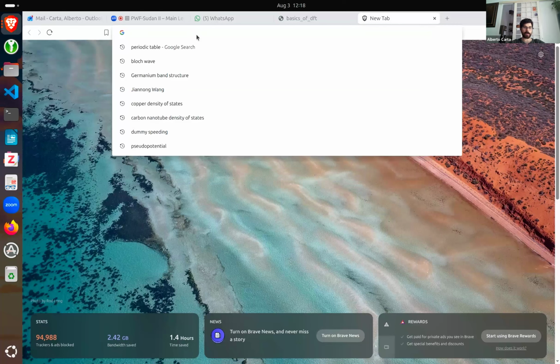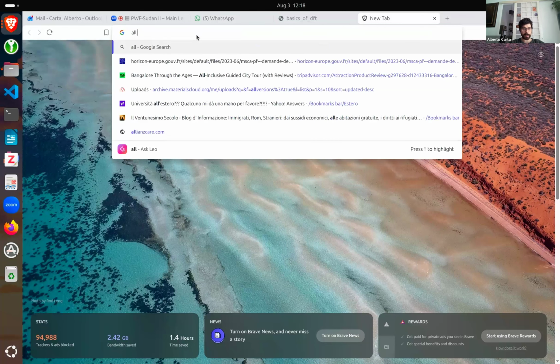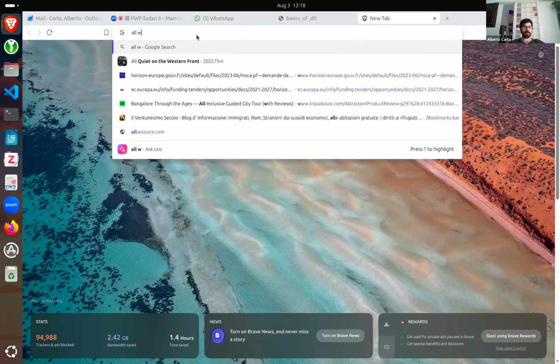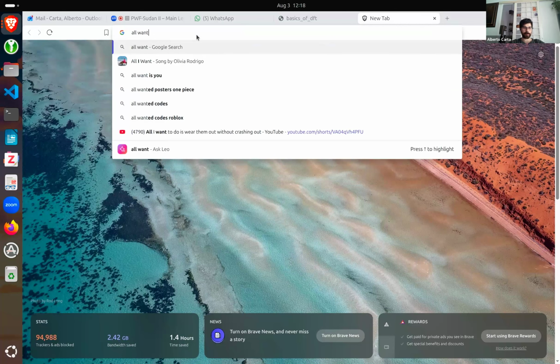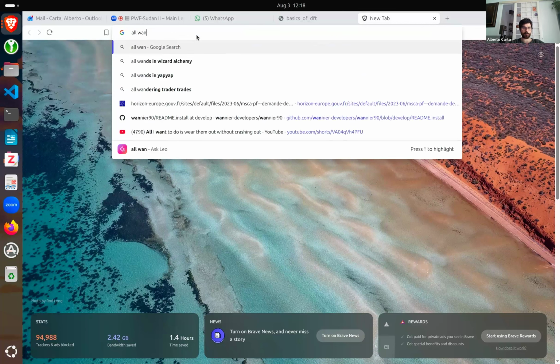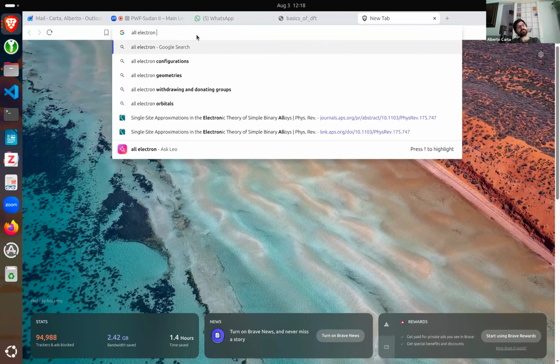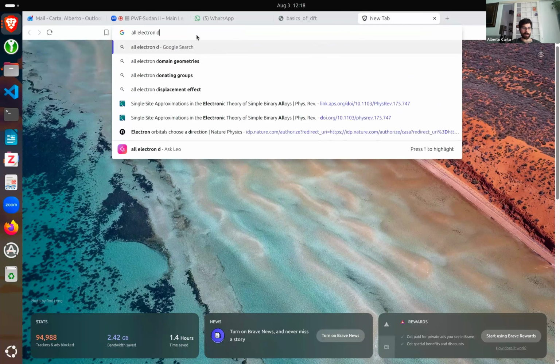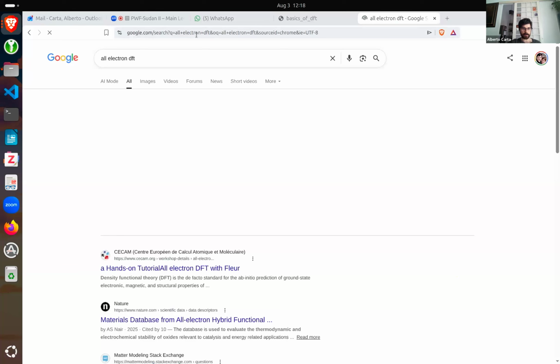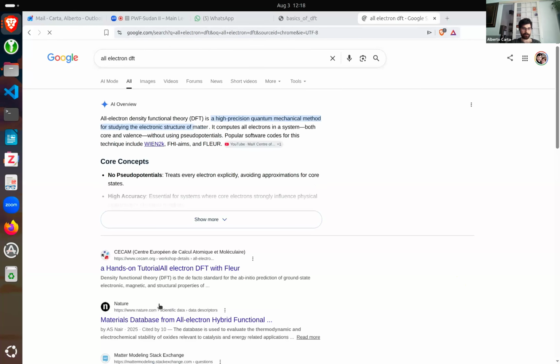Yes. If you really want core electrons, for example for NMR, you can use something called all electron codes. All electron DFT. There are a bunch of codes, for example Wien2k or FHI-aims.